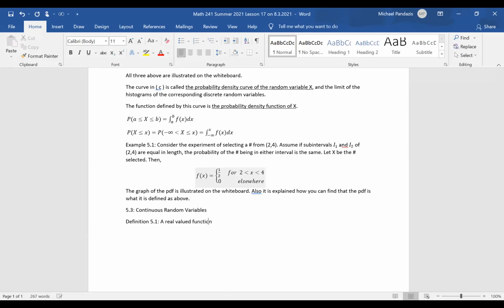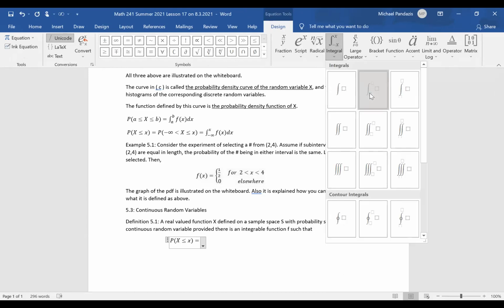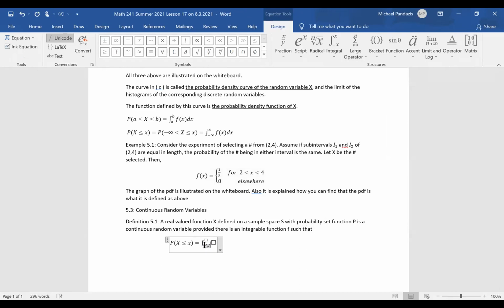A real valued function, capital X, defined on a sample space, capital S, with probability set function, capital P, is a continuous random variable provided there is an integrable function, little f, such that the probability that capital X is at most some fixed value little x is equal to the integral from negative infinity to little x of f of t dt, for negative infinity less than x less than infinity.